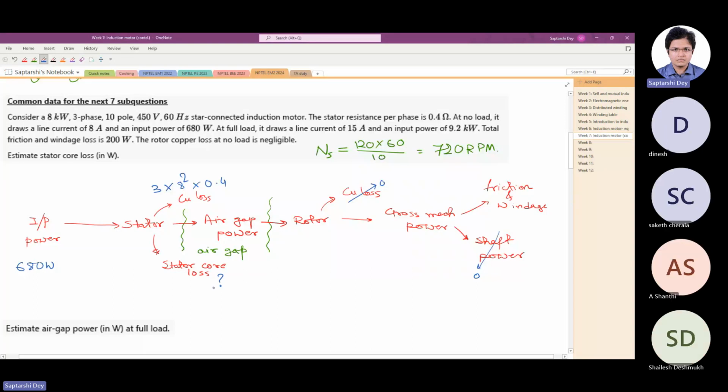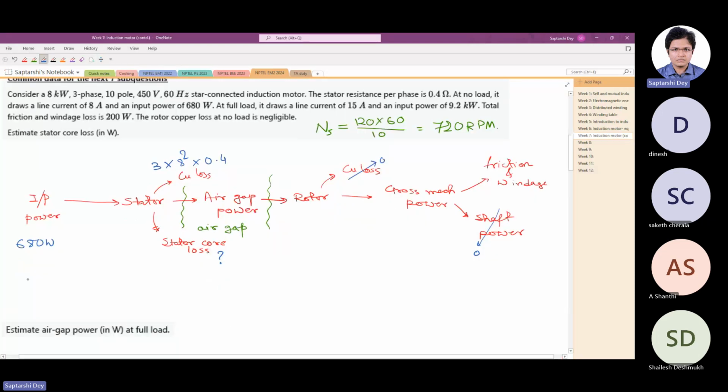The rest of the energy goes into the rotor, and in the rotor the only loss is friction and windage loss. So from here we can write the equation that input power is the stator copper loss plus stator core loss, plus friction and windage loss, which is 200.